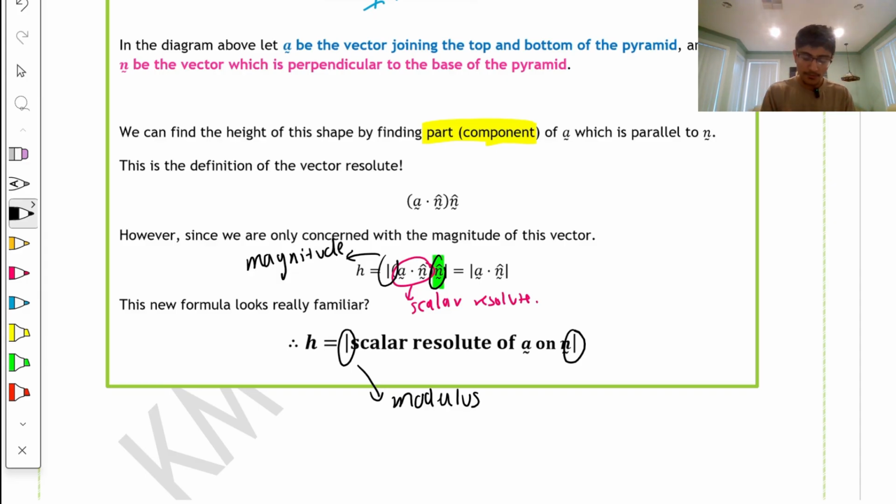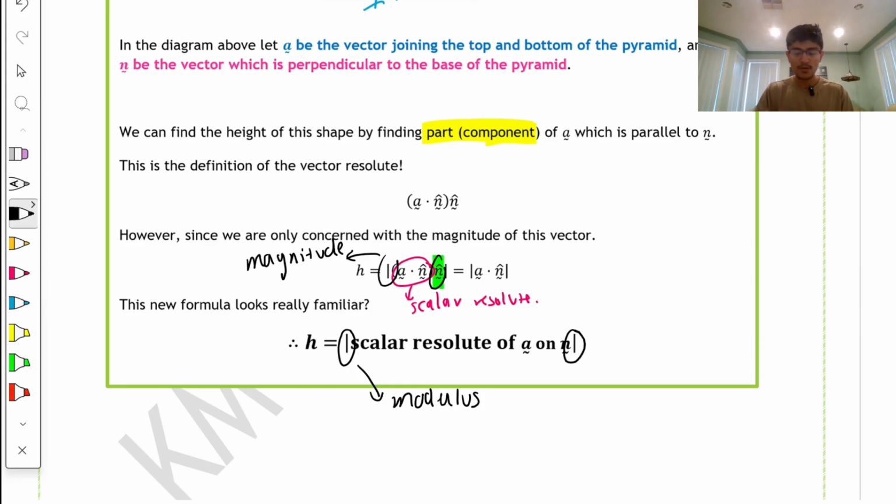The reason why up there they represent the magnitude is because vector resolute gives you a vector, and those bars tell you to calculate the magnitude of that vector. Whereas at the bottom, the bars represent modulus, and modulus just represents finding the positive value of a real number. Because scalar resolute can sometimes be negative, it can sometimes be positive, but it's always a real number, right?